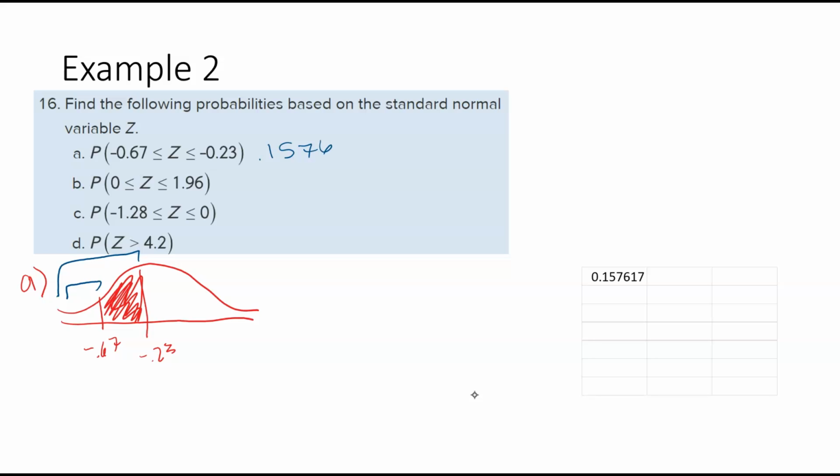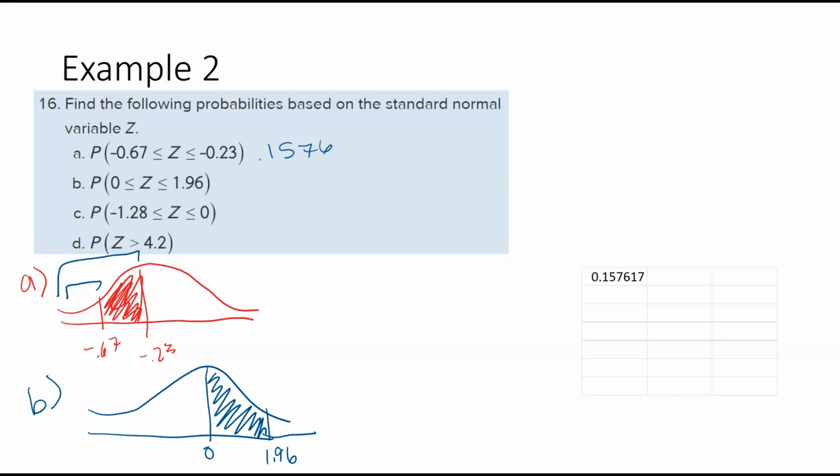So let's look at B. B has between two values here, 0, which we know is the mean, and 1.96. Now, we can do this a couple different ways, but we basically want to know this area, take away this area. You might remember that that cuts it in half, so we know that that's 0.5.